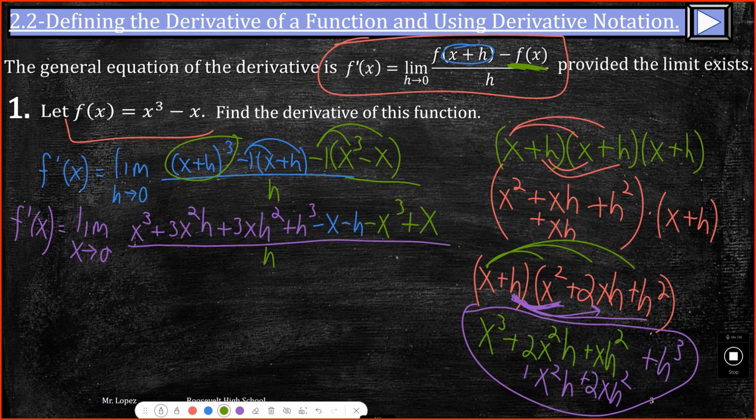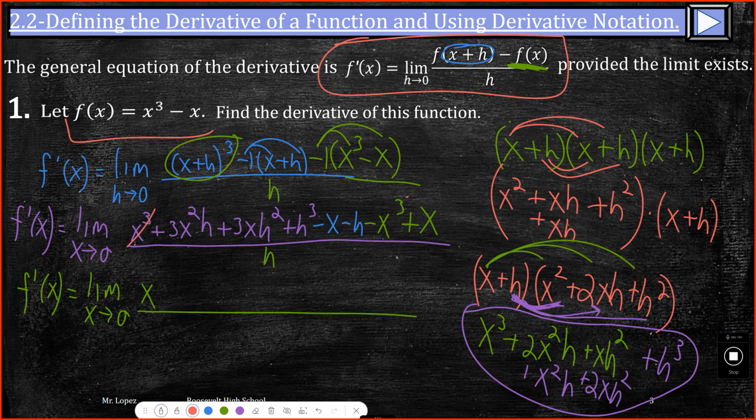Now we're going to simplify some things here from the top. So f prime of x is going to equal the limit as h approaches 0. There's nothing that cancels out with x to the third. Actually, there is. Do you see what cancels? You guys see the x cubed and negative x cubed cancel? Yes?